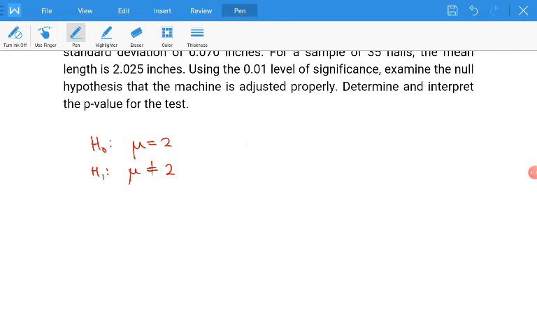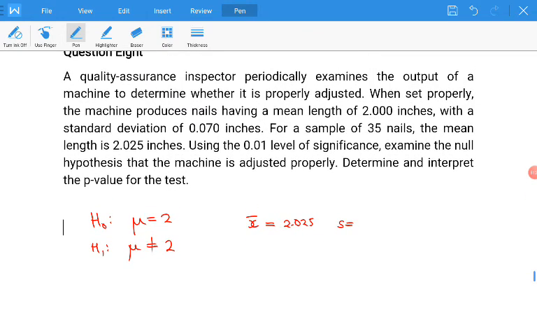So here we are told that x bar is equal to 2.025. Here we are given the standard deviation, so it's not s this time around, it's sigma. Sigma is equal to 0.07.